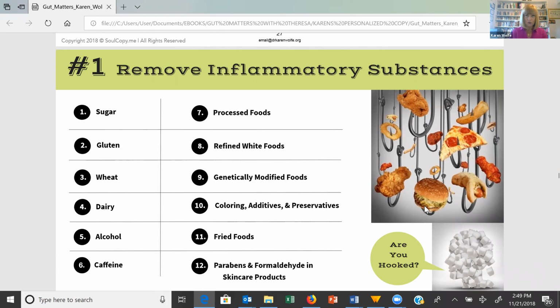So top of the list is sugar. And why sugar? Refined sugars do spike the blood sugar. And then what happens when you spike blood sugar, you also spike insulin, and insulin is very pro-inflammatory to the body. So reduce added sugars as much as possible.